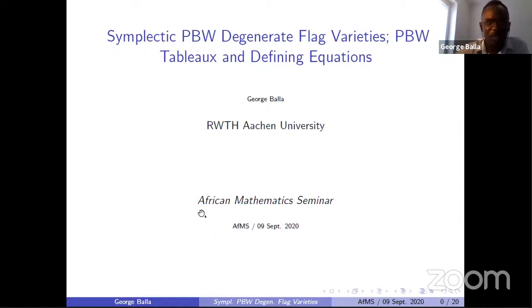In today's talk, I'll be talking about the symplectic PBW degenerate flag varieties, in particular, mainly about PBW tableaux and defining equations. Before I go ahead, flag varieties are one of the most common objects of study in algebraic geometry.